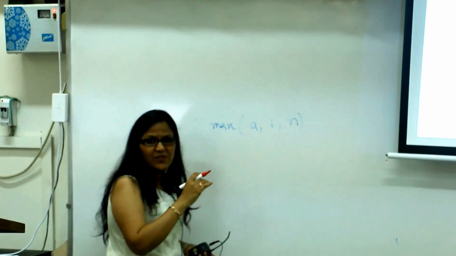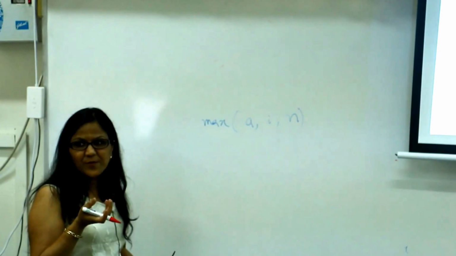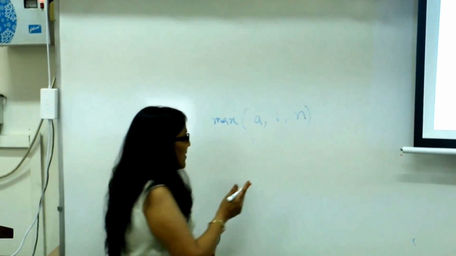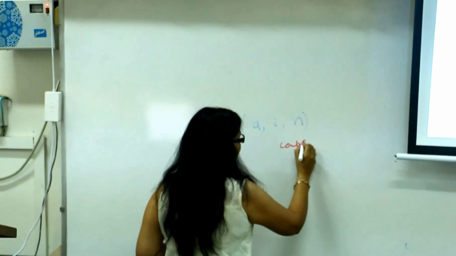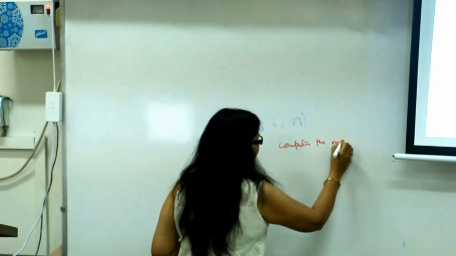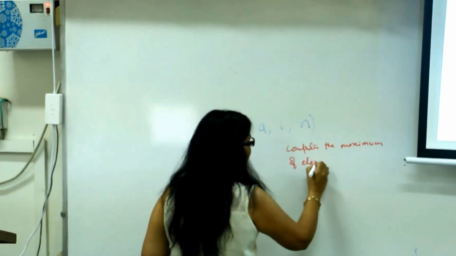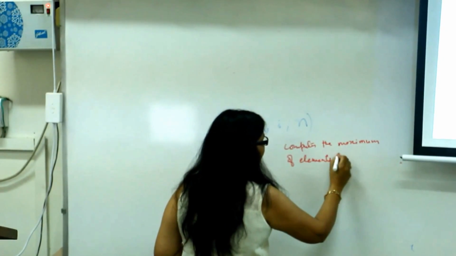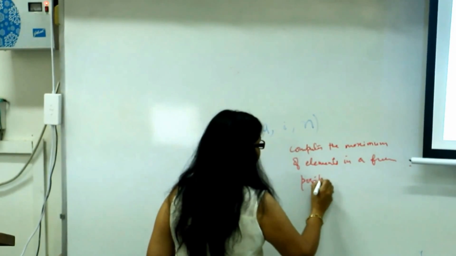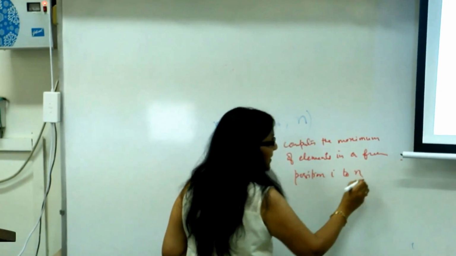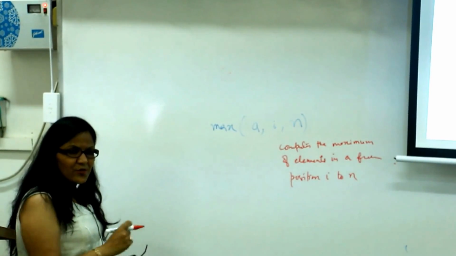Whenever you write a function, you must explain the description of the function in terms of its input parameters. That is always a good practice to do. So it computes the maximum of elements in A from position I to n. So I am giving you the wrong one first.